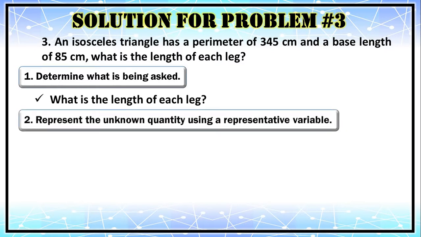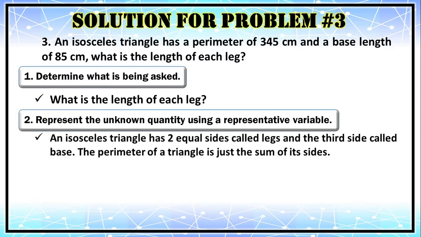Step number 2 is represent the unknown quantity using a representative variable. So in an isosceles triangle, two sides are equal and they are called legs, and the third side is called base.